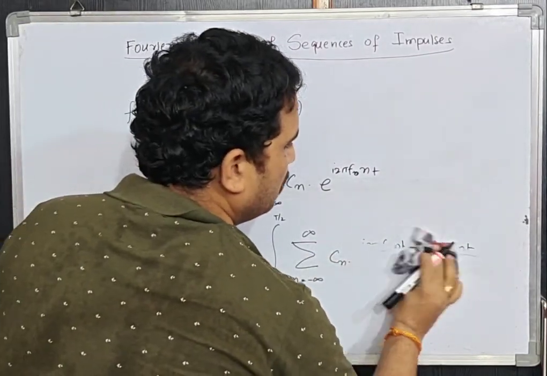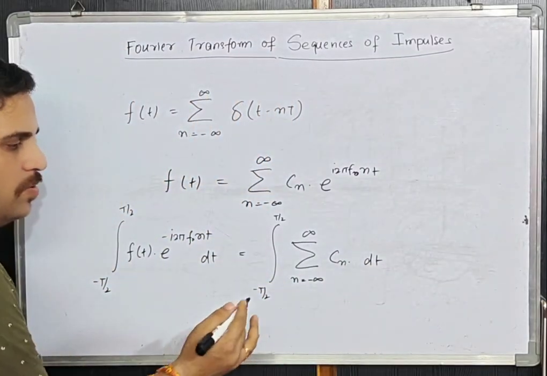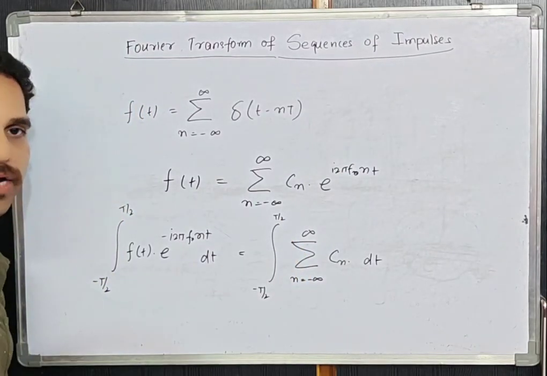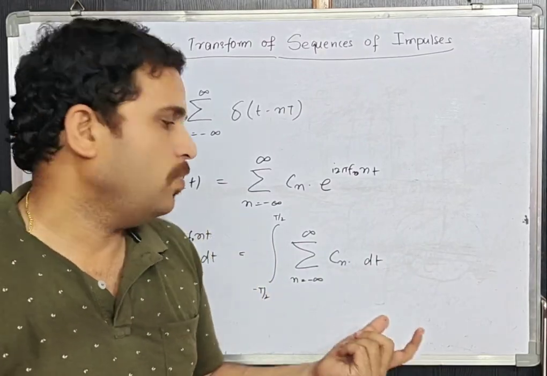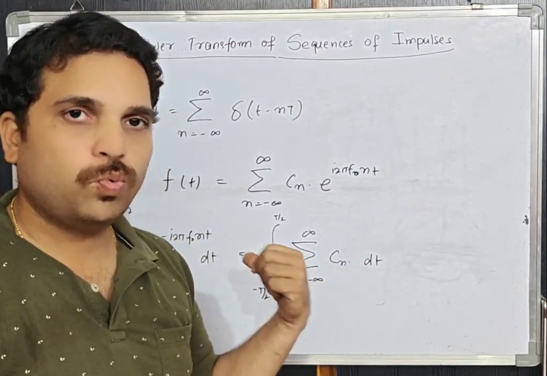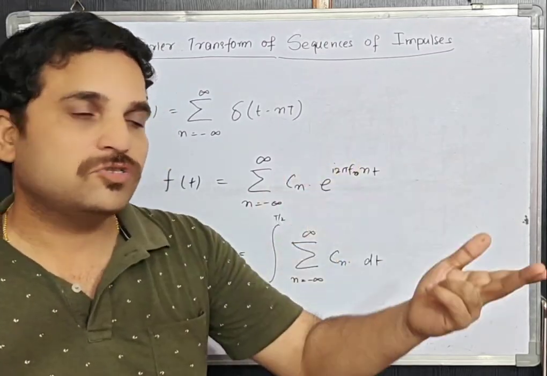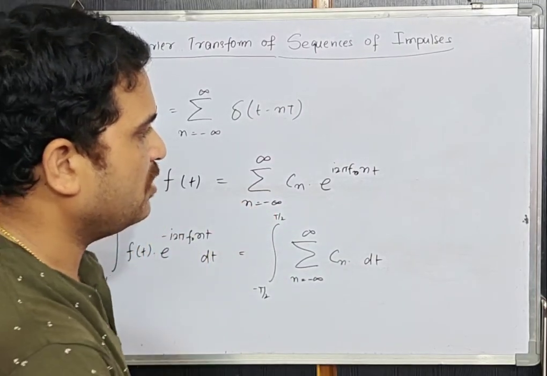Now I'm left with dt. Now the value of n which lies between minus T by 2 and plus T by 2, because it is an integer value, could be minus 1, in which case it becomes minus T, and if it is plus 1 then it becomes plus T. But I'm integrating between minus T by 2 and plus T by 2.